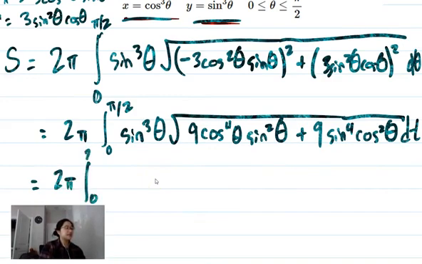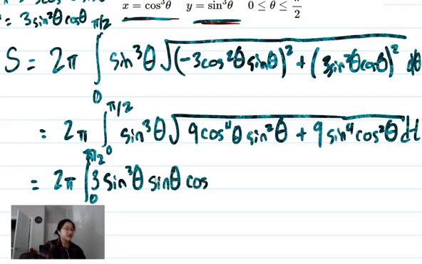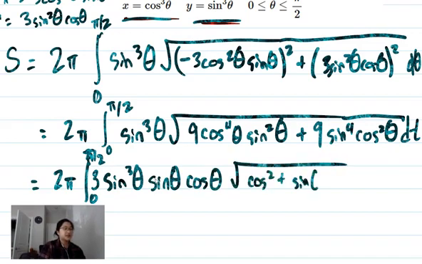So we get 0 to pi over 2 of sine cubed theta times, we can pull out that 3 as well. So we have 3 sine theta cosine theta times this root of cosine squared plus sine squared, I forgot my theta there, d theta, and that's going to go to 1.